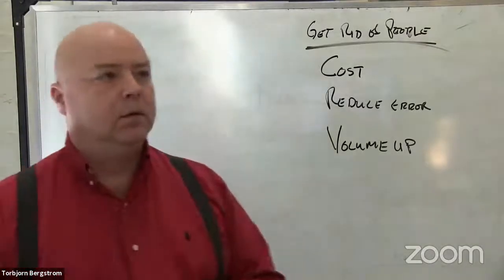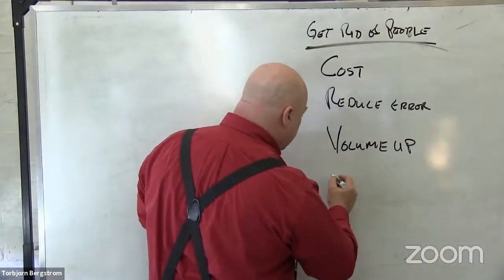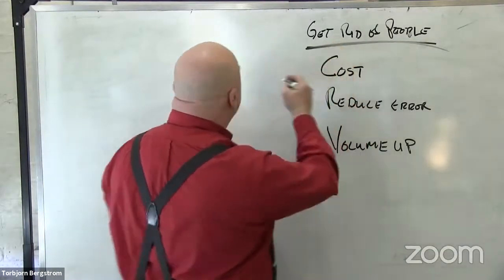You have to pay people. So we want the cost to go down. So they can be doing more research stuff, something more valuable. Yeah. So that's not getting rid of people, that's moving people.